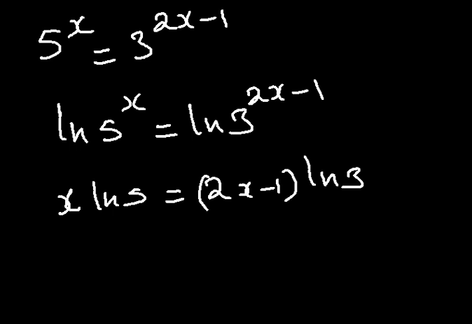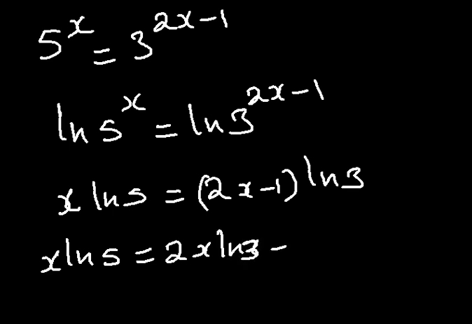Then we expand this. We'll have x ln 5 equal to 2x ln 3 minus ln 3. Then those with x's, we put them together.